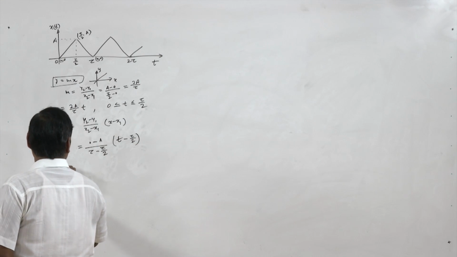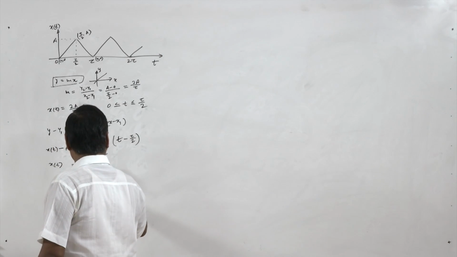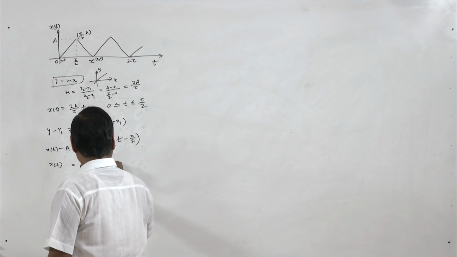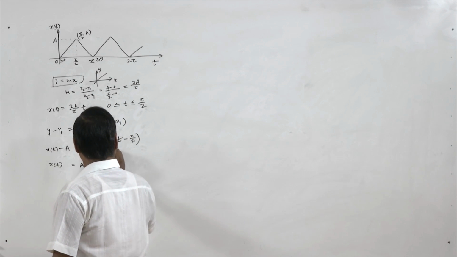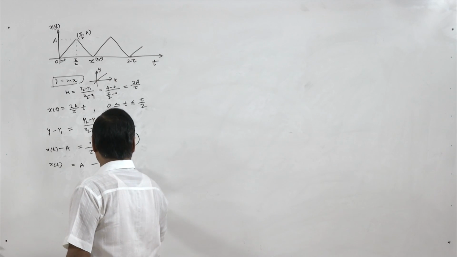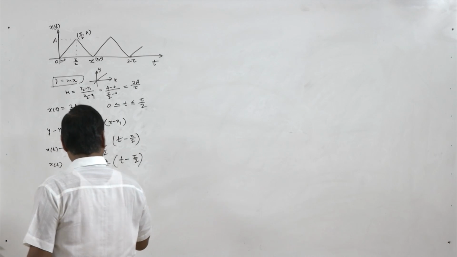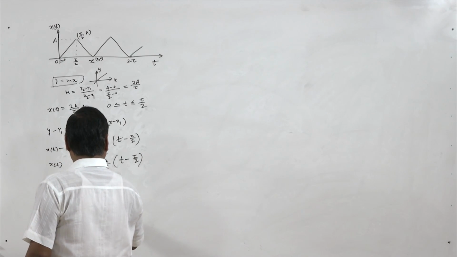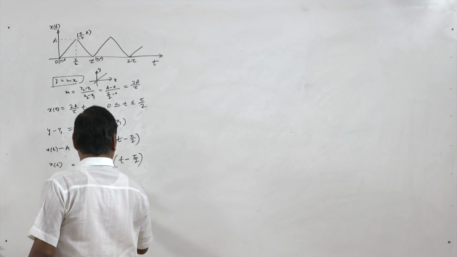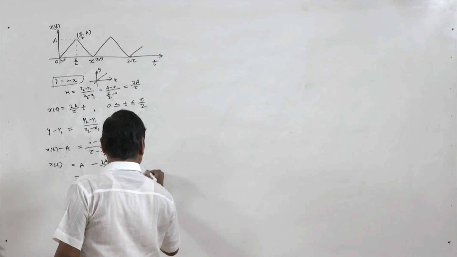So x(t) equal to A, this is A, and here it is minus A by (tau minus tau by 2, which is tau by 2), so it is 2A by tau, and (t minus tau by 2), so equal to A minus 2A by tau into t plus 2A upon tau into tau by 2.